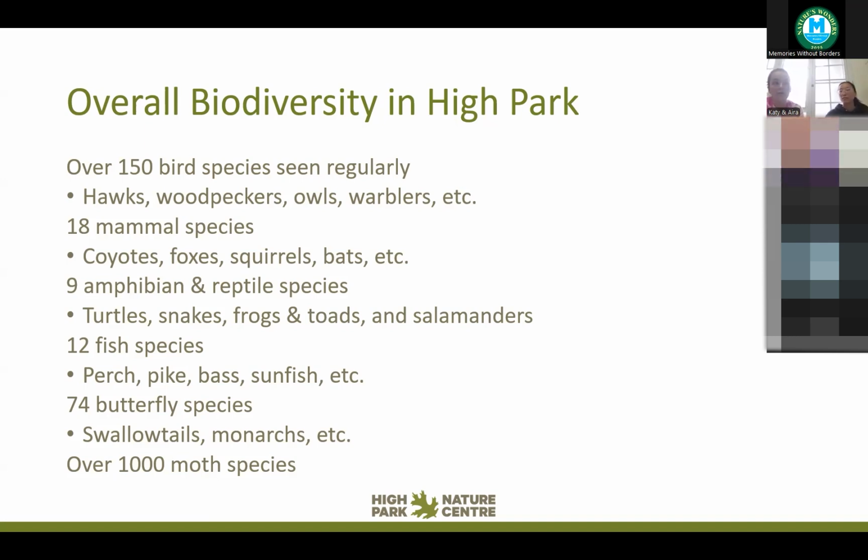I don't think we even mentioned this fact, but of all the different patches of savanna that are currently left in Ontario from pre-colonial times, it's believed that there's only about 2%, and the fourth largest one in the entire province is found here in High Park. And we're in the middle of a city. But we still have these patches of a remaining ecosystem type that is globally rare. Very little of it remains, and we have a significant portion of it here in High Park, which is pretty cool.